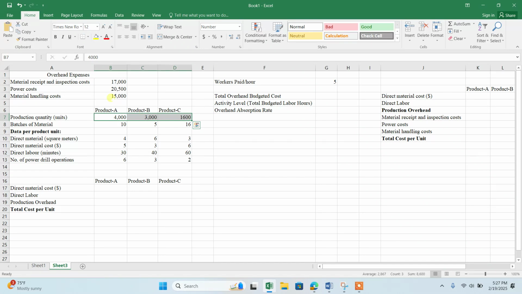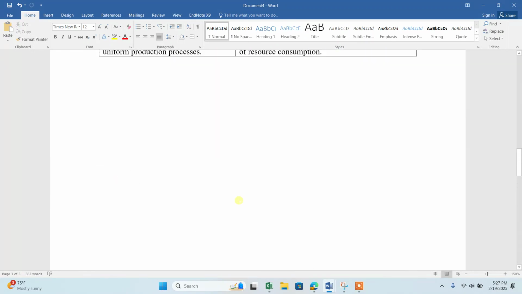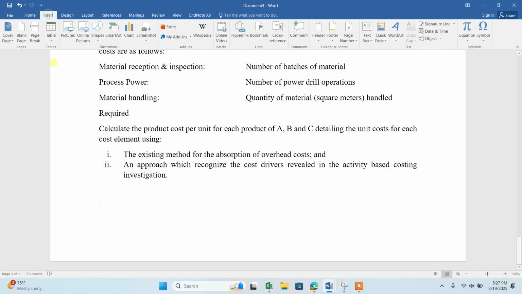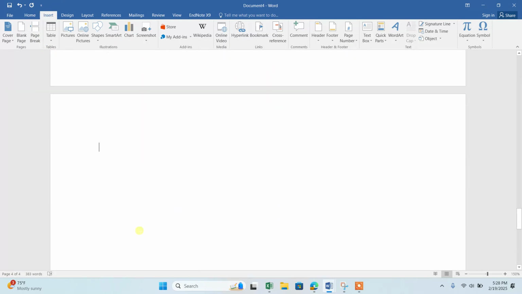Now, the very first step in absorption costing is that we need to first calculate the overhead absorption rate.